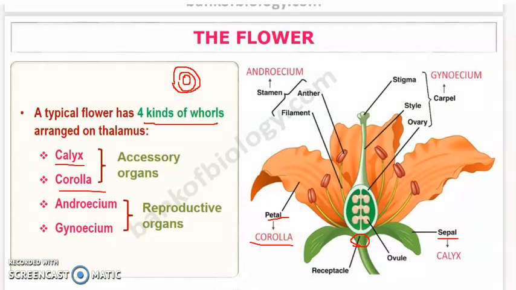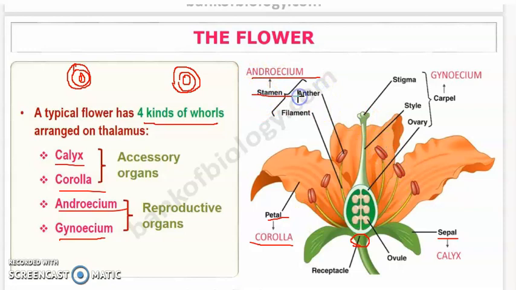So we have seen what is present in the outermost whorl and the whorl next to it, right? Now we are going to learn about the next 2 whorls. The next 2 parts of the flower are the androecium and gynoecium. The androecium is made up of stamens.